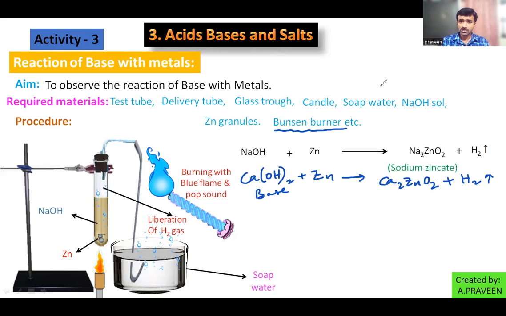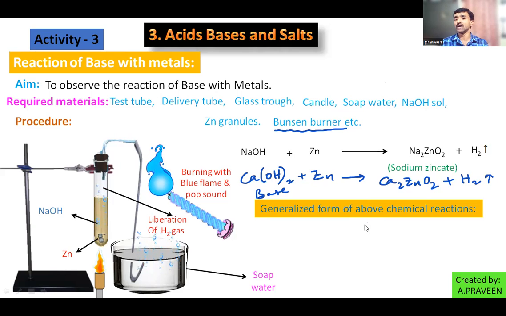So from this, what am I able to generalize? Whatever it may be, a base reacting with a metal produces an aqueous solution of salt and liberates a gas. So I am able to write a generalized equation for this reaction.